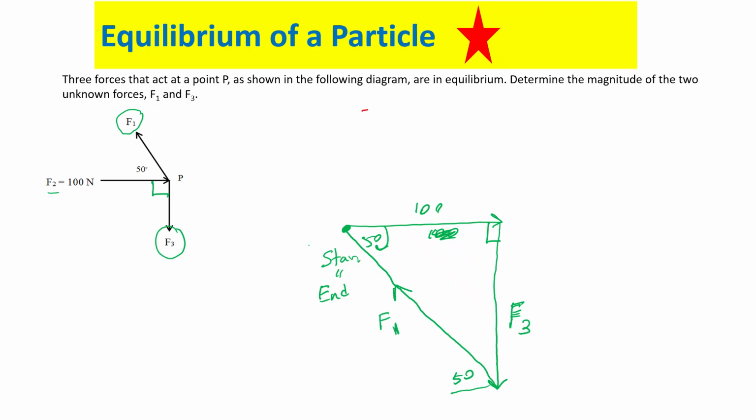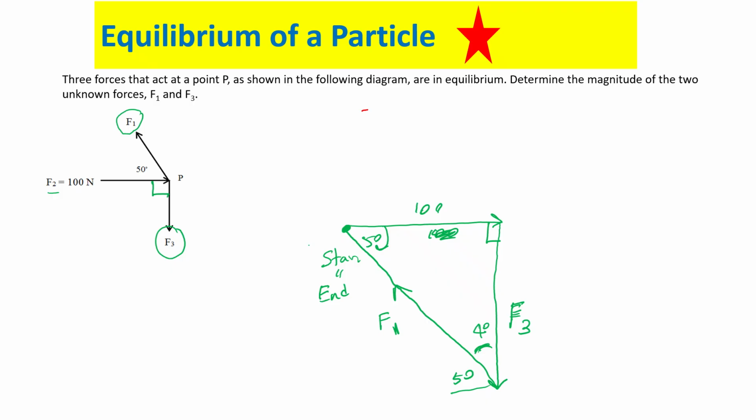How do we find this? You can use cosine rule as well. You can use anything and you can find it. You can use sine rule, easy. How do you do this? If this is 50, this angle should be what? This one here. 40. So you know three angles. You can write the sine rule here.